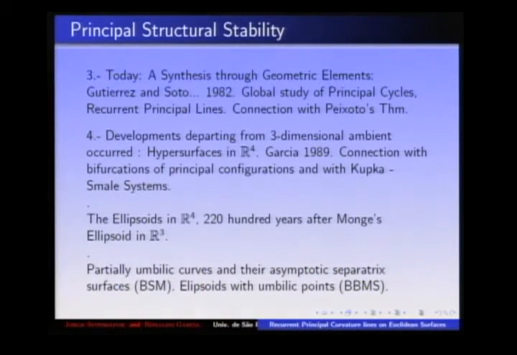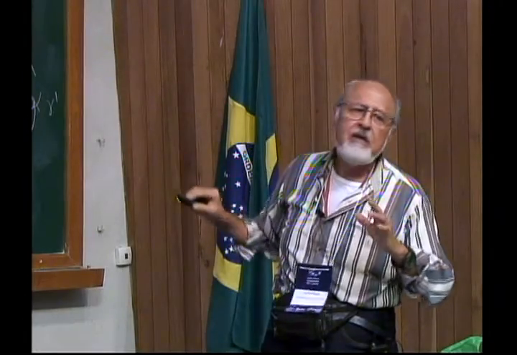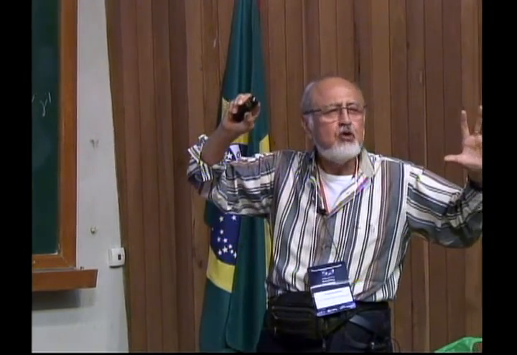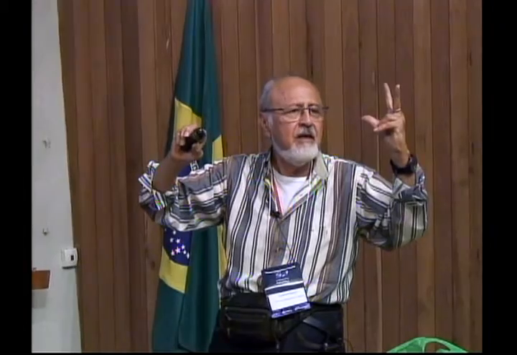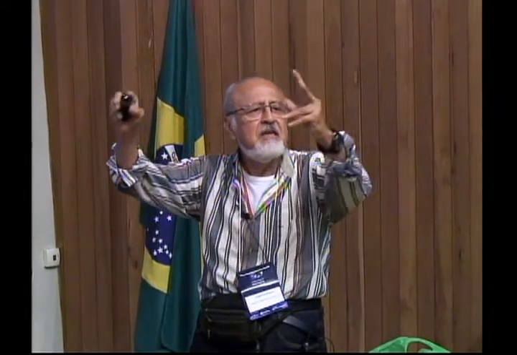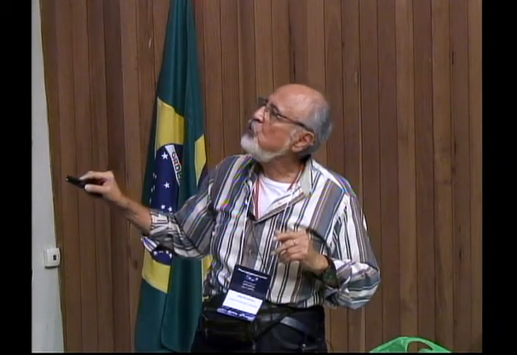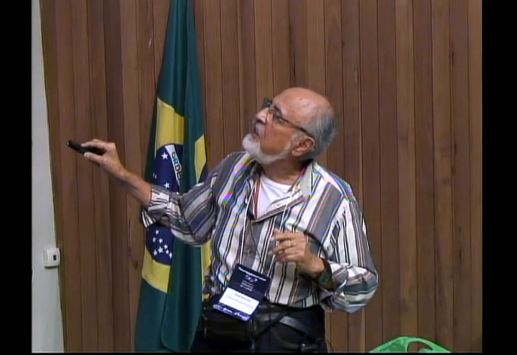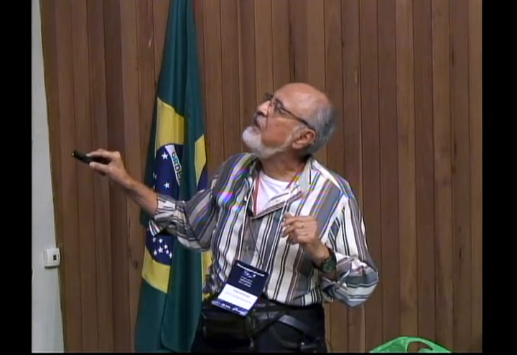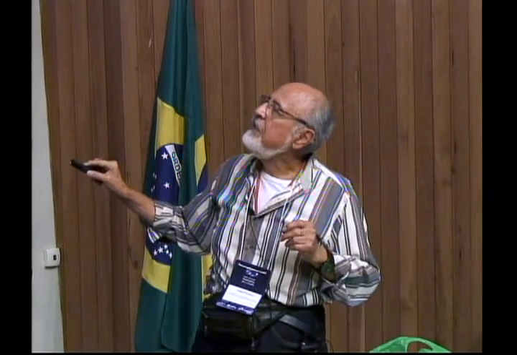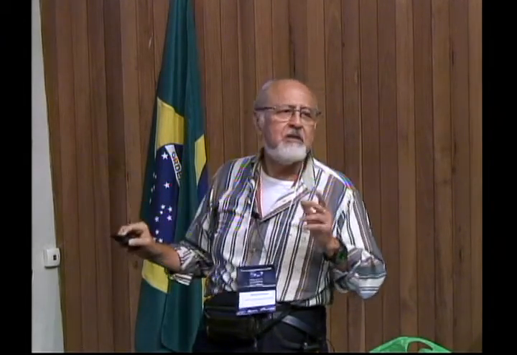So this was not studied in 220 years after Monge's paper, to have the complete description of the lines of curvature. You have three now in M3 immersed in R4. You have three lines: maximal, minimal, and intermediary. And this paper, reasonably recently published, is also on the arXiv, about these ellipsoids.